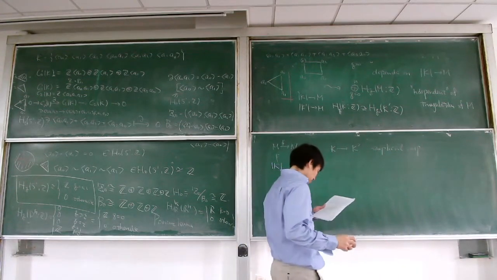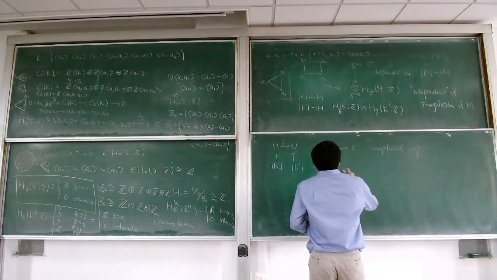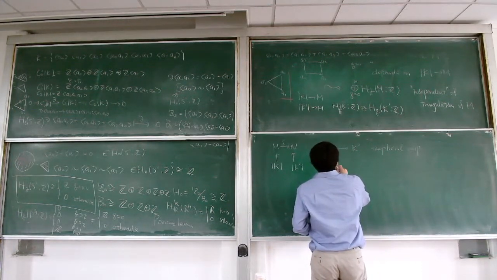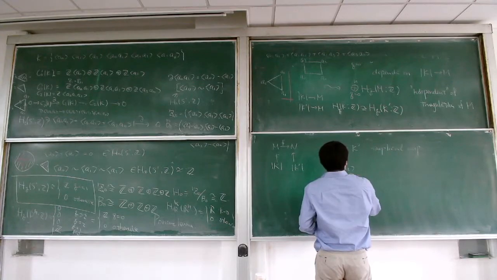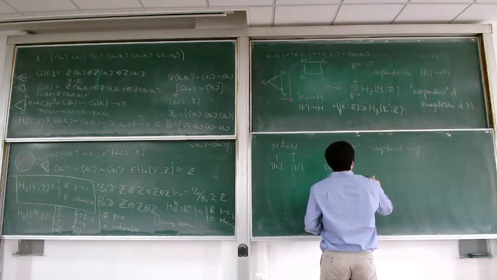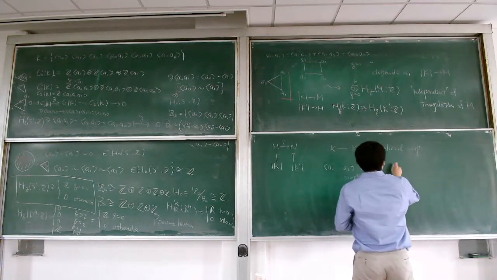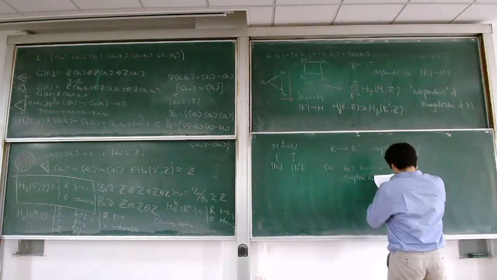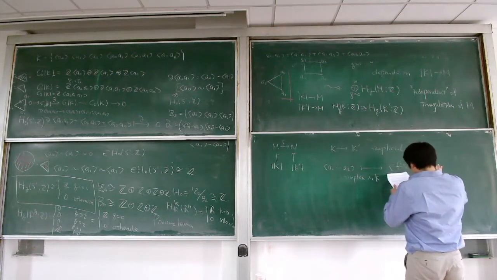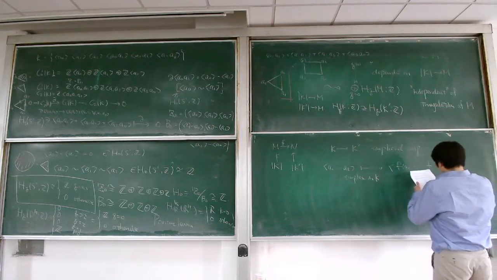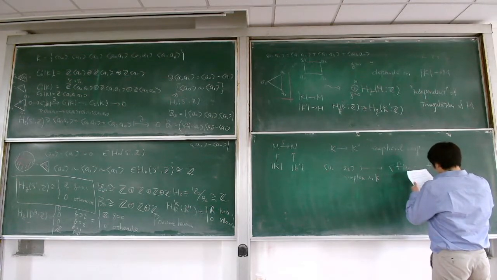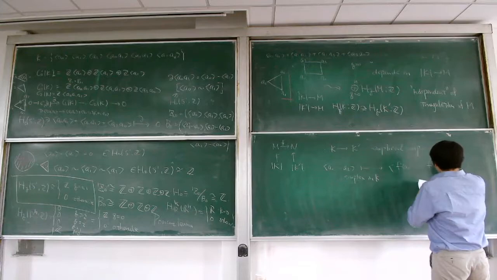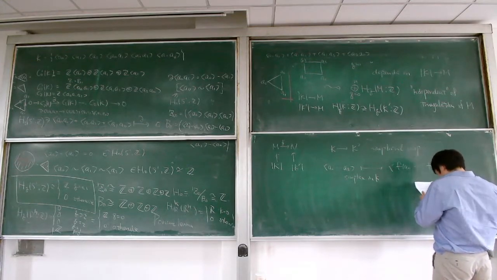So given this, if A0 through AL is a simplex in K, then F(A0) through F(AL) is also a simplex in K prime.